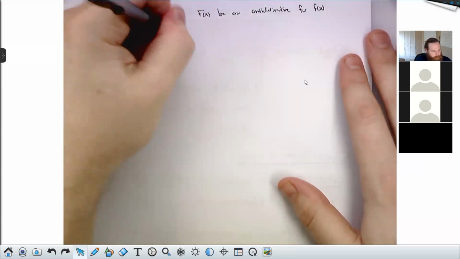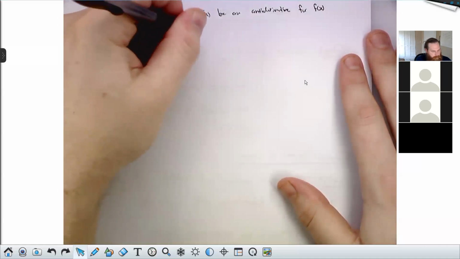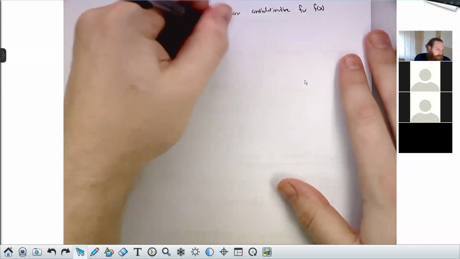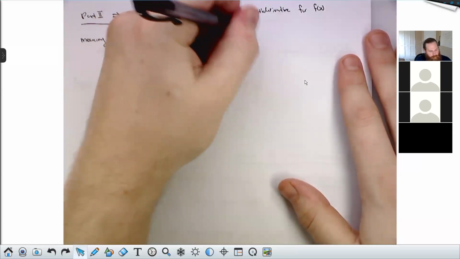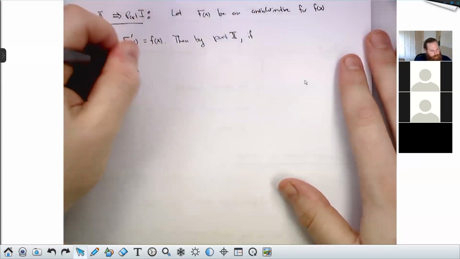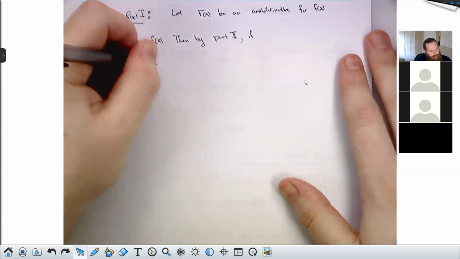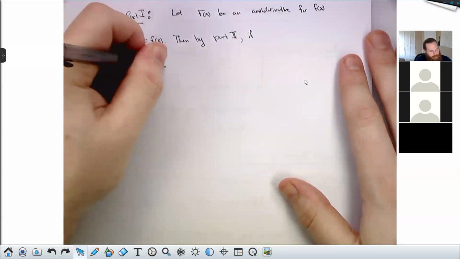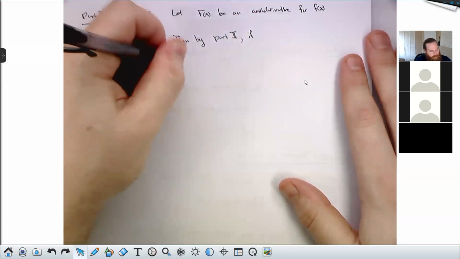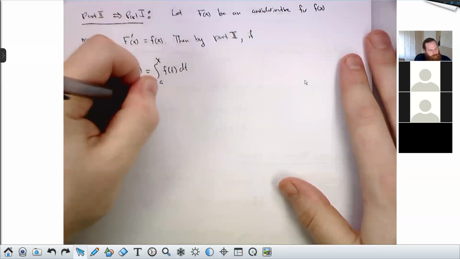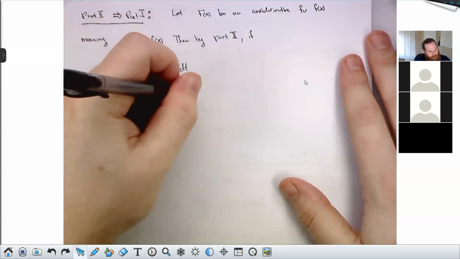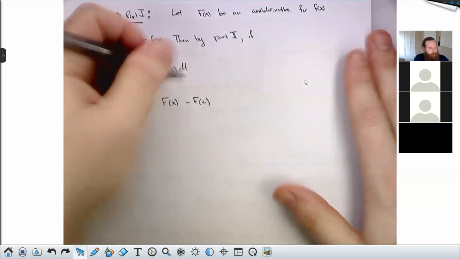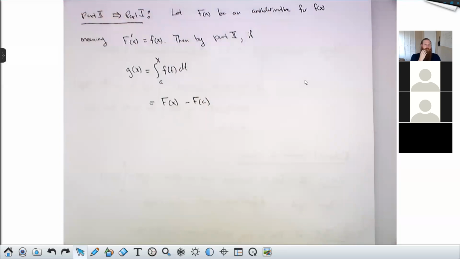Then by part 2, if g of x is the integral from a to x of little f of t dt, then this would be the same as capital F of x minus capital F of a. Right? That's what part 2 says.